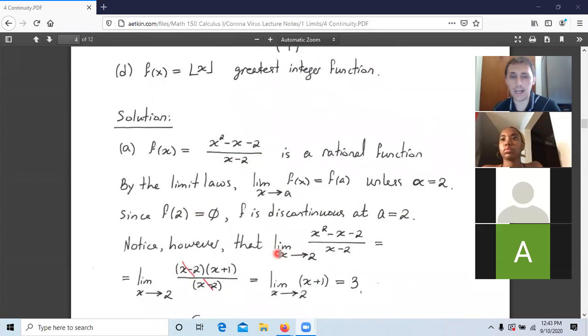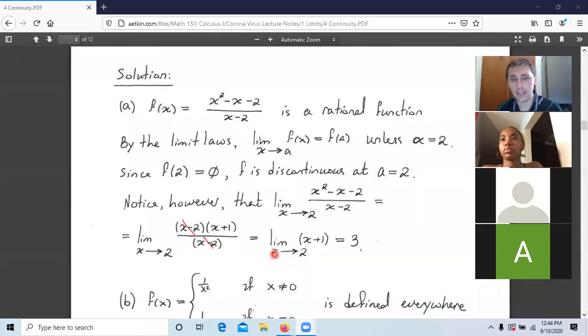What I do is I trace from left and right at the same time. I'm just tracing where it is going. Look at it. X squared minus x minus 2 can be factored into x minus 2 times x plus 1. And if x approaches 2, I can cross out x minus 2, and I get that the limit is 3, using limit laws and whatnot. You agree?